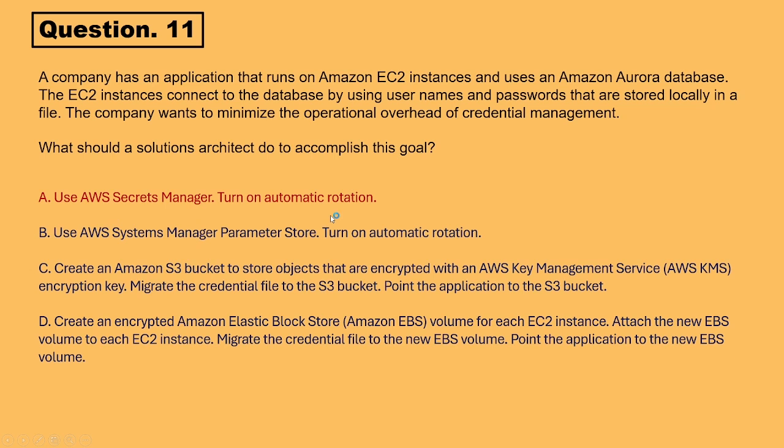Because AWS Secrets Manager is a service that helps users manage, rotate, and retrieve secrets for applications, services, and IT resources. It can be used to secure secrets for AWS Cloud, third-party services, and on-premises. And automatic rotation is useful so that the secret can be automatically rotated. So option A is correct here.